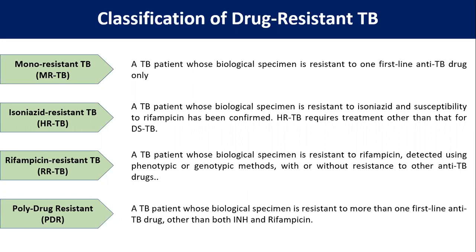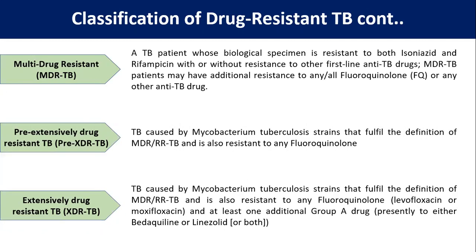So it can be either isoniazid, when we call it HRTB, or rifampicin, when we call it RRTB, or polydrug when the biological specimen is resistant to more than one first-line anti-TB drug other than both INH and rifampicin. Because if it is resistant to both INH and rifampicin, it becomes MDR. Now, MDR TB, as I said, is resistant to both isoniazid and rifampicin with or without resistance to other first-line anti-TB drugs.